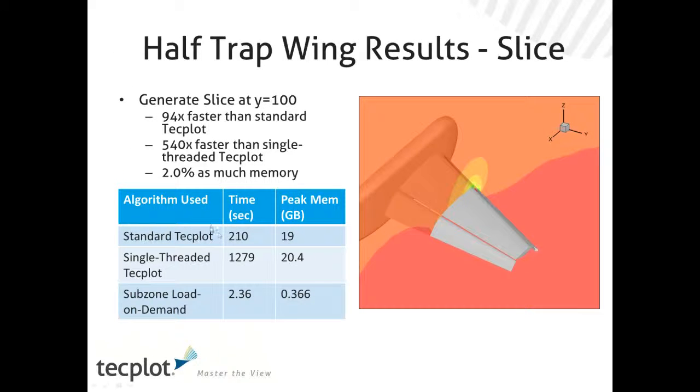We've talked about this in the past, and we're going to show you that in Tecplot 2013 R1, it's about 210 seconds, and it uses about 19 gigs. We'll show you that you can load some of these things in the 2 to 4 second time frame and use less than a gigabyte of RAM.